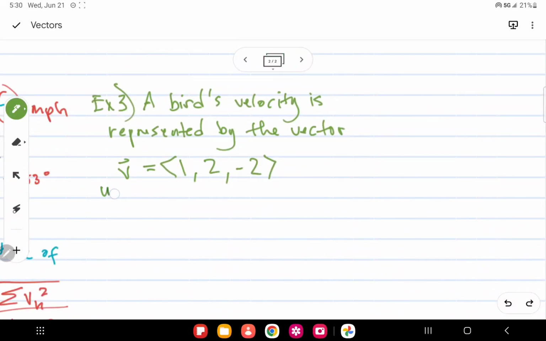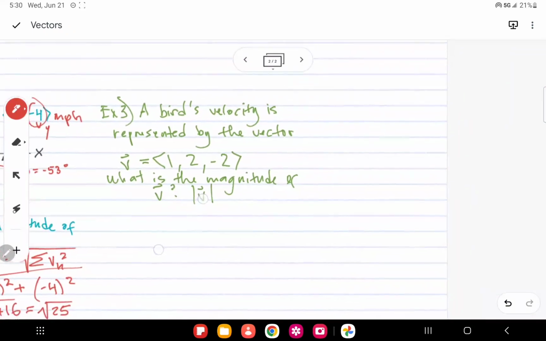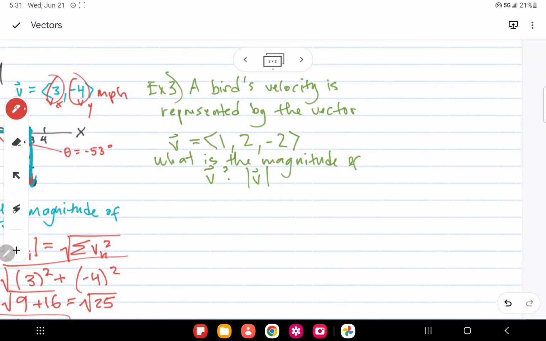The question is, what is the magnitude of V? You're more than welcome to pause the video if you would like, since you might already know how to use the formula, but assume that you are going to go over this with me right now.